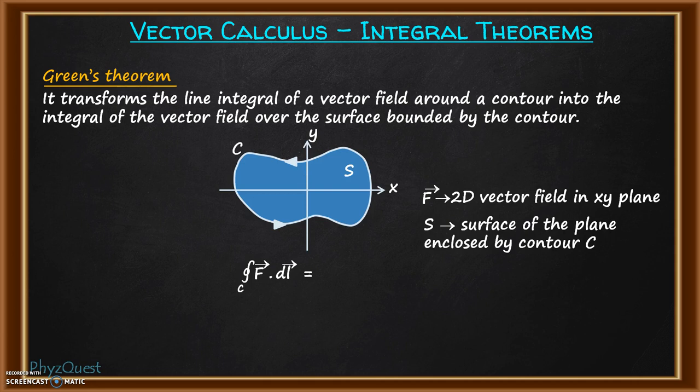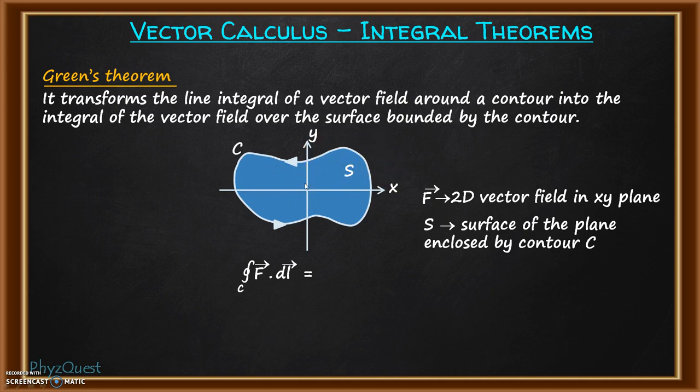Now when this curve is closed, it indicates how much the vector field is trying to circulate around the curve. Why circulate? Because it's a closed curve. That means when the vector field tries to align along the curve, it will continuously form a closed loop or try to circulate along the line of the curve.